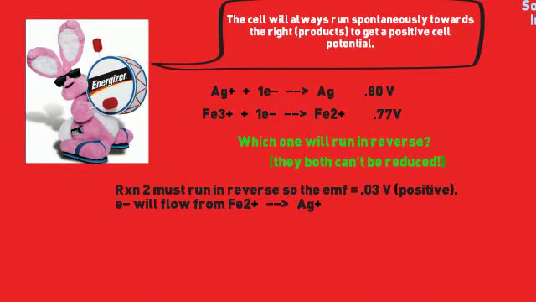Well, reaction 2 must run in reverse because the cell potential must end up being positive. So that's the one that has to switch. So electrons will flow from Fe2+ to Ag+. So oxidation will take place at the iron 2+, and reduction will take place at the silver +1. It will pull the electrons from the iron.